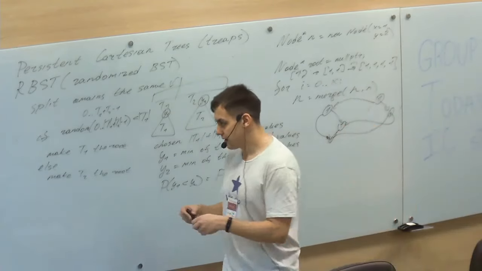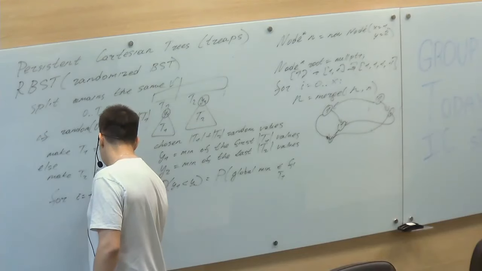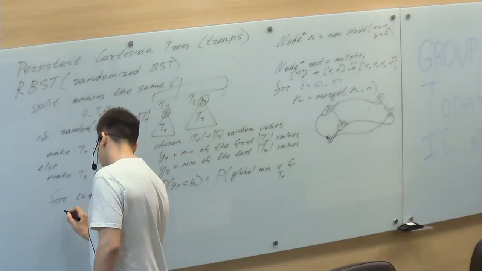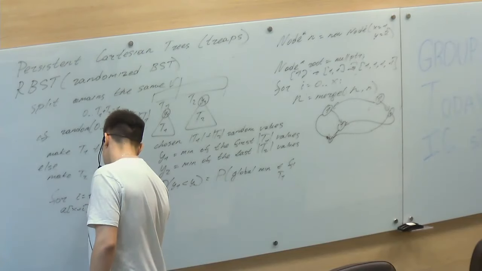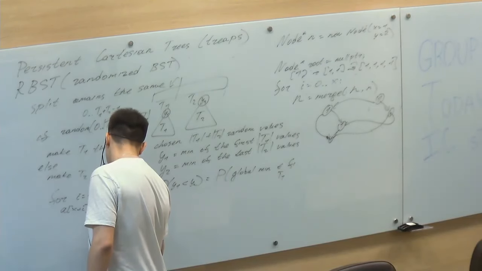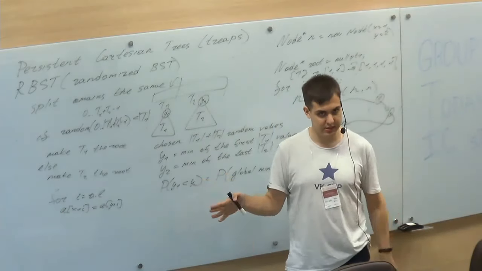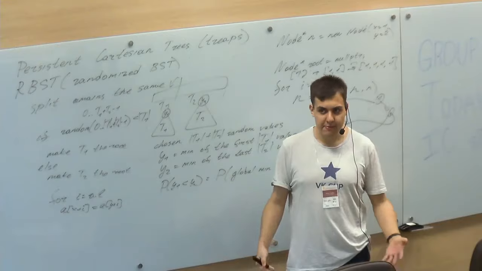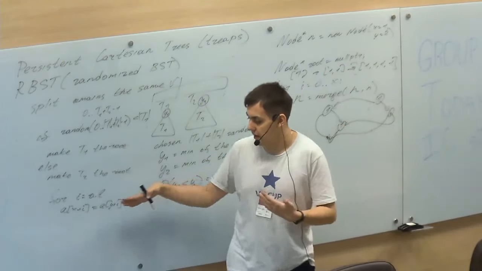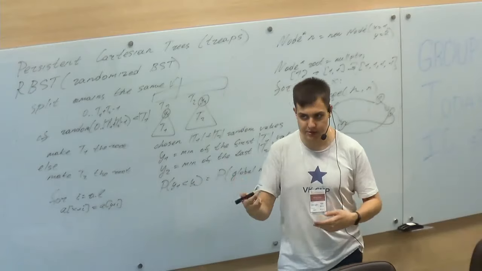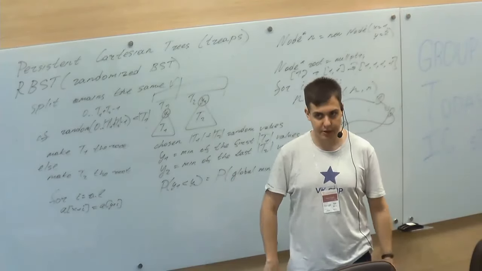The code like this, which was here before, can be done with persistent treaps if some values duplicate, meaning after this assignment some values appear in the array more than once.